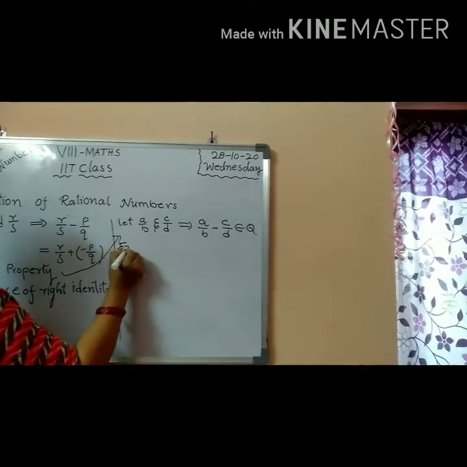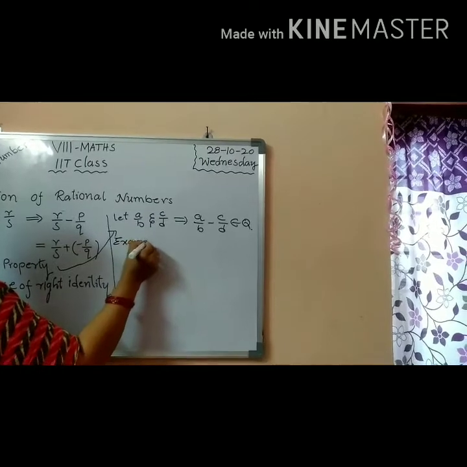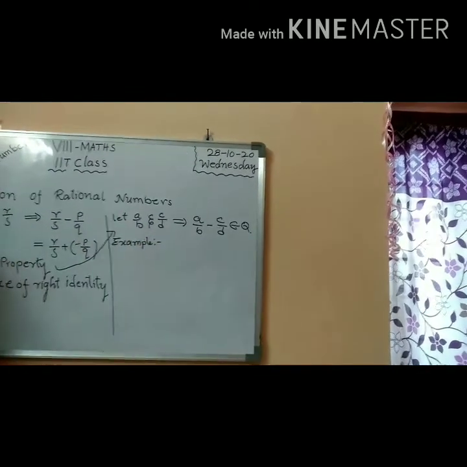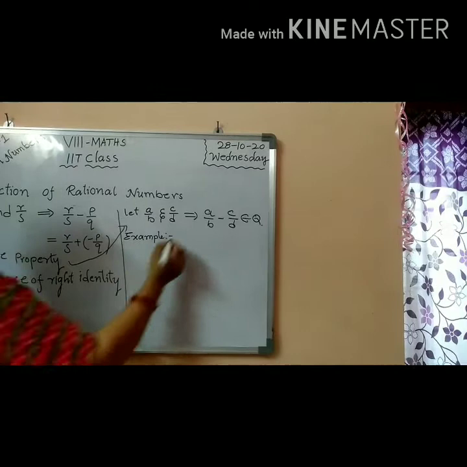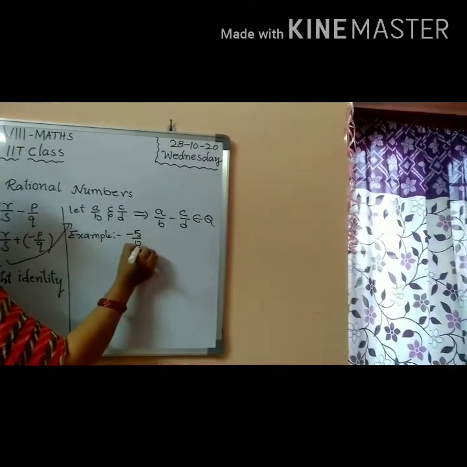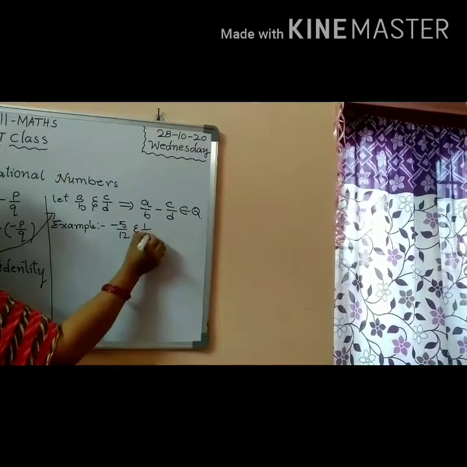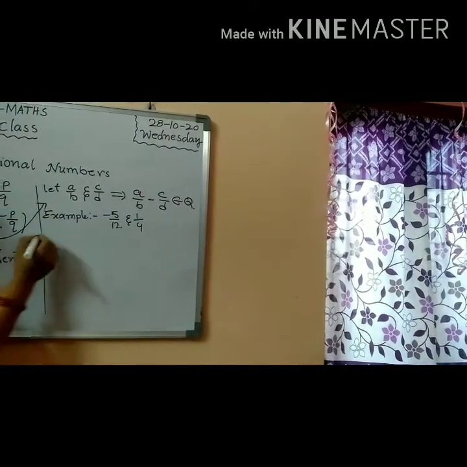For example, take minus 5 by 12 and 1 by 4. Then substitute the values.